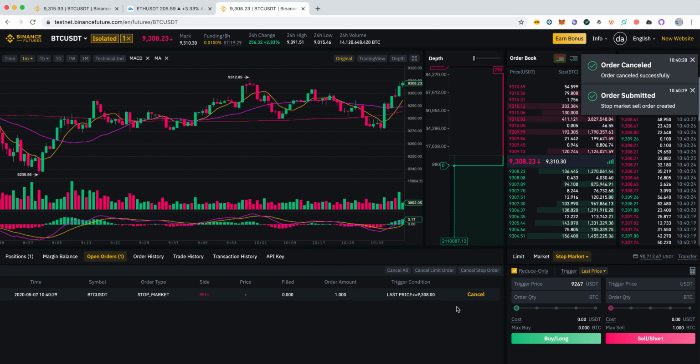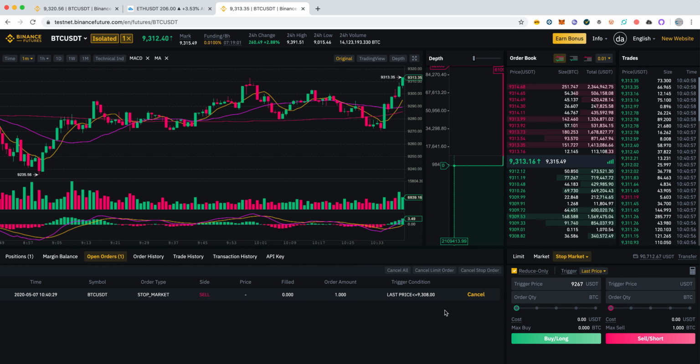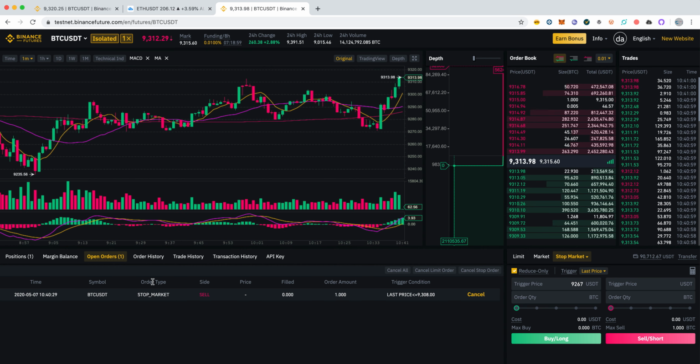Let's raise the stop loss again. Oh well, I think we are making real profit.